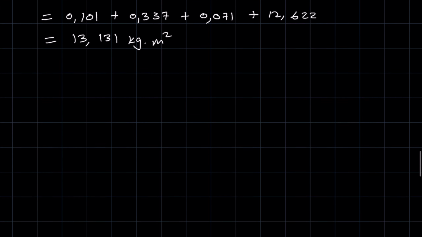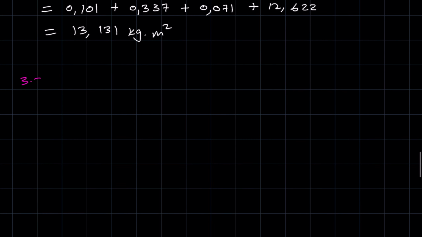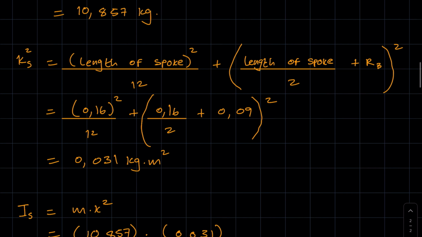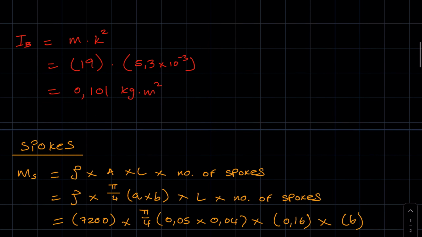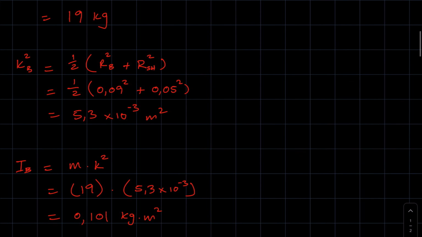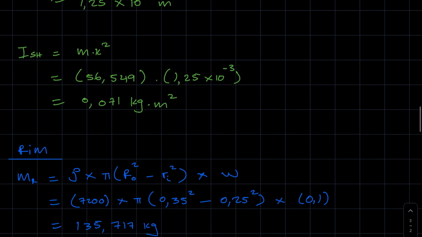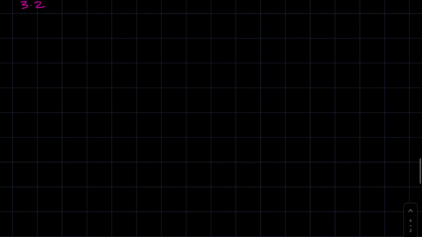So now we look at 3.2. What are we looking for? The radius of gyration of the whole system. Pretty straightforward. So they are now looking for K. Now we know I is equal to mk squared.